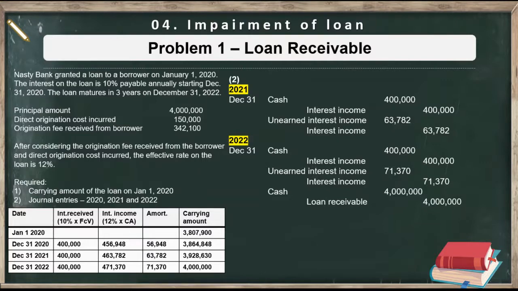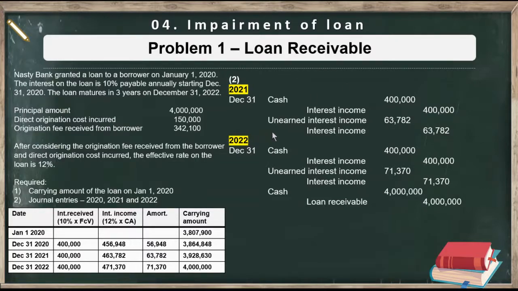So, the balance would be 71,370. So, the balance of the unearned interest income as of December 31, 2021 would be 71,370, which is equal to the remaining amount of amortization in the table for 2022. That is why it is the last amortization.